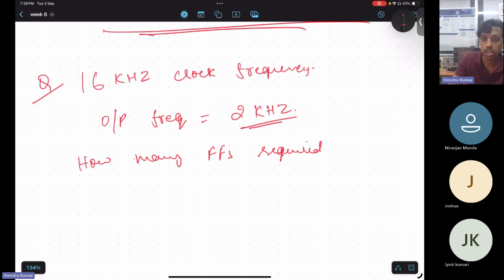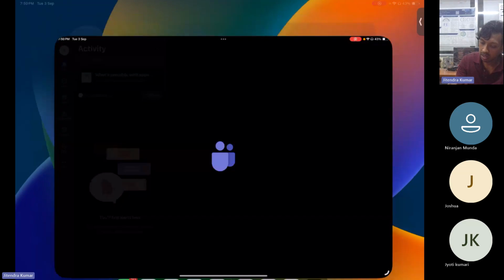How many flip-flops are required using a binary counter? Just a second.